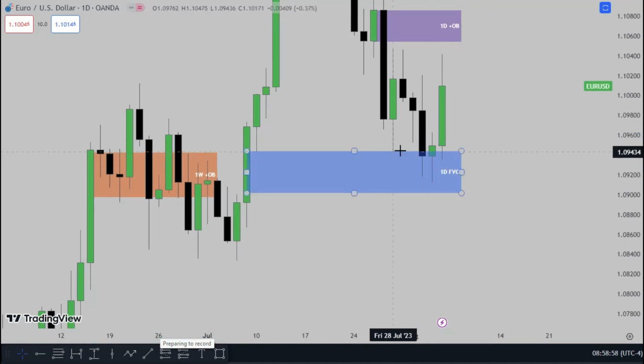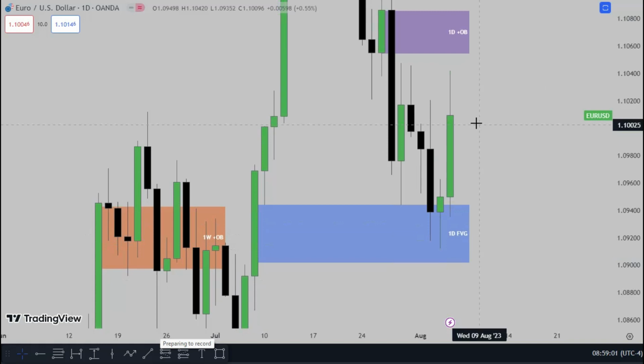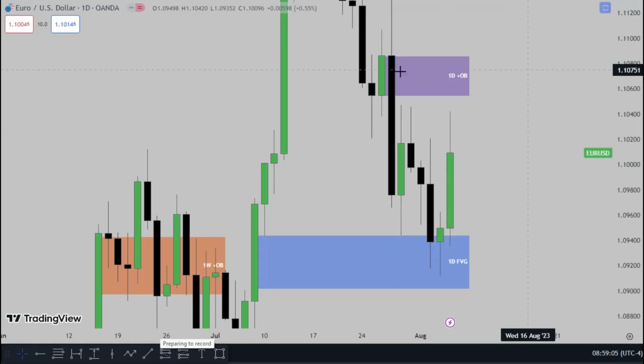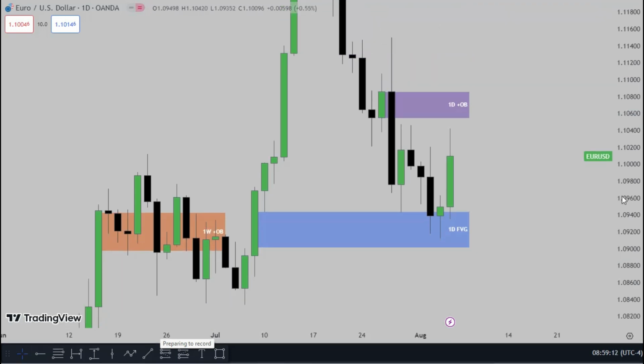Price just managed to respect it and used it as support to push price bullish. My target is the 1-day order block, which is above. This is my draw on liquidity. In other words, this is where I'm looking to take price to when I'm executing trades, if that makes any sense. I'll only be taking buy trades until I've reached this PDRA.